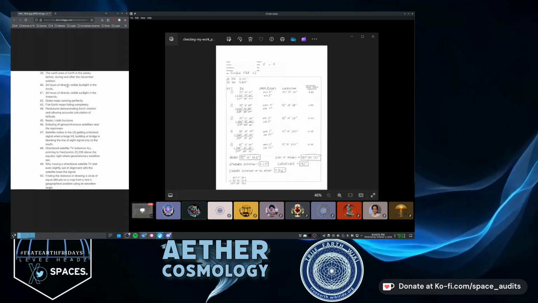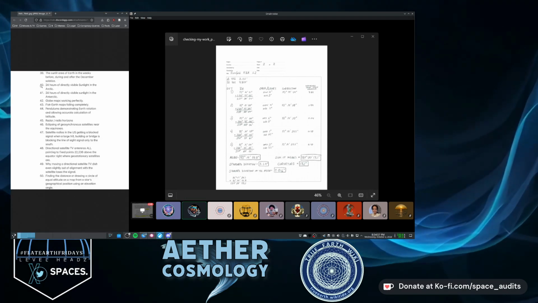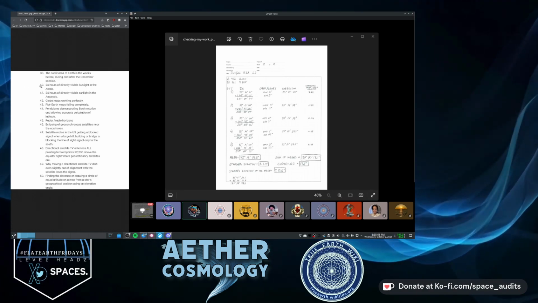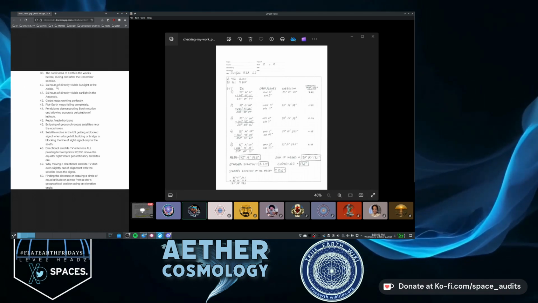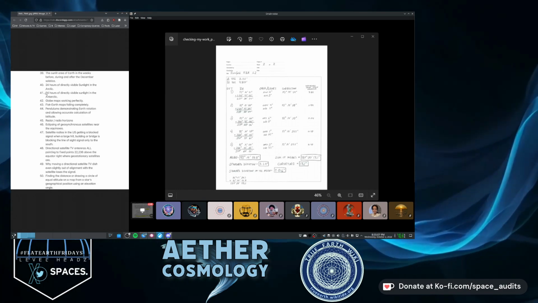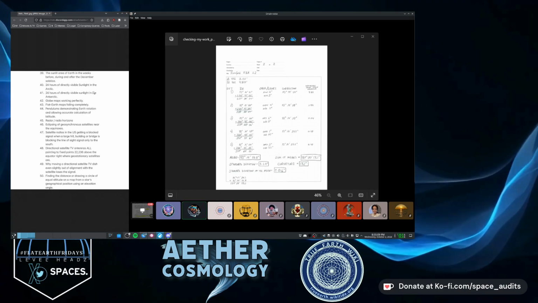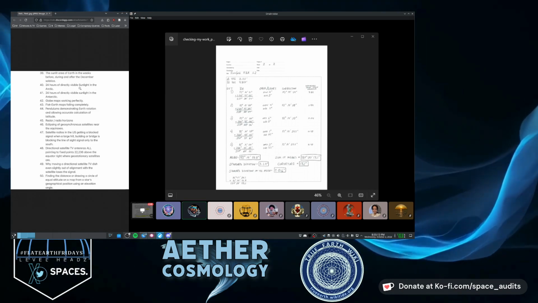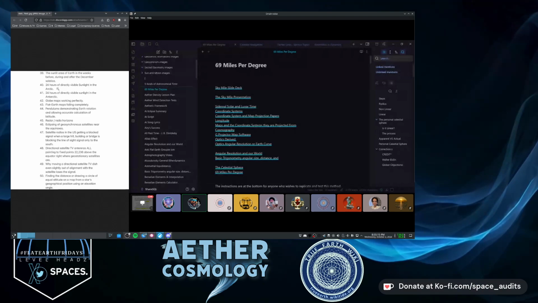So now we have number 40. I posted the mission paper. Yep, I got it. So we got 24 hours of visible sunlight in the Arctic and 24 hours of directly visible sunlight in the Antarctic. So these, unfortunately, just the sunlight alone is not mutually exclusive.